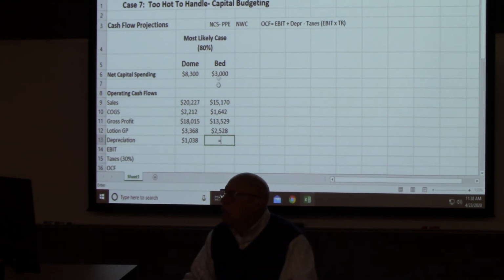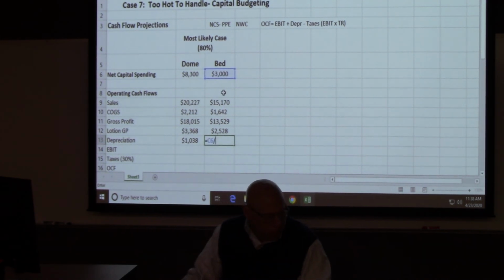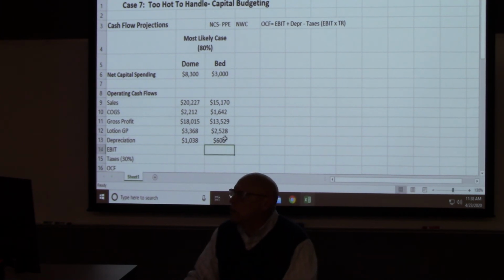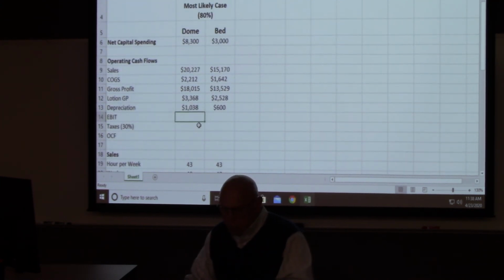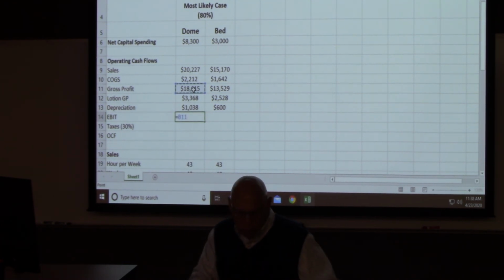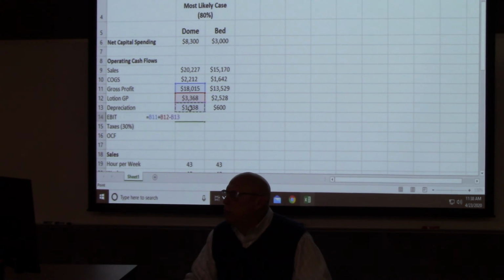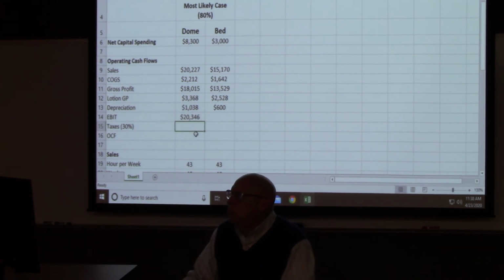And equals our total cost divided by 5. All right. So let's look. There is no SG&A in here. There's nothing listed. There's got to be some SG&A, a little bit, but nothing's listed. And so we're going to say our EBIT is equal to our gross profit from the sessions plus our gross profit from the lotion minus our depreciation. Boom. There's our EBIT.